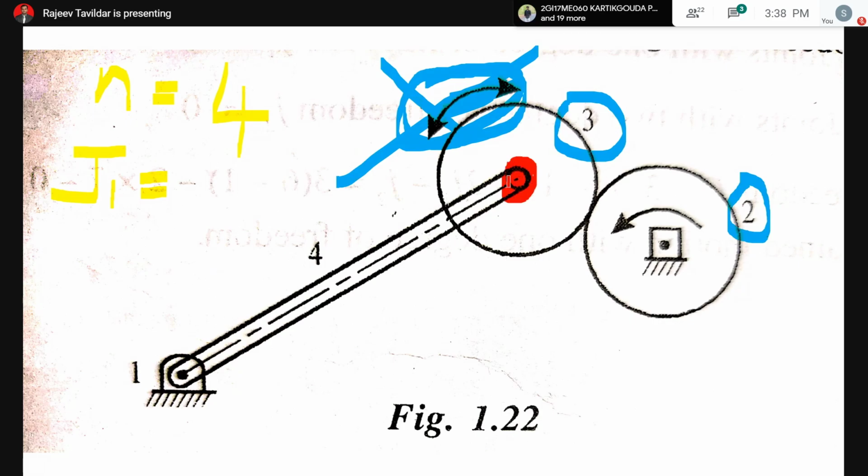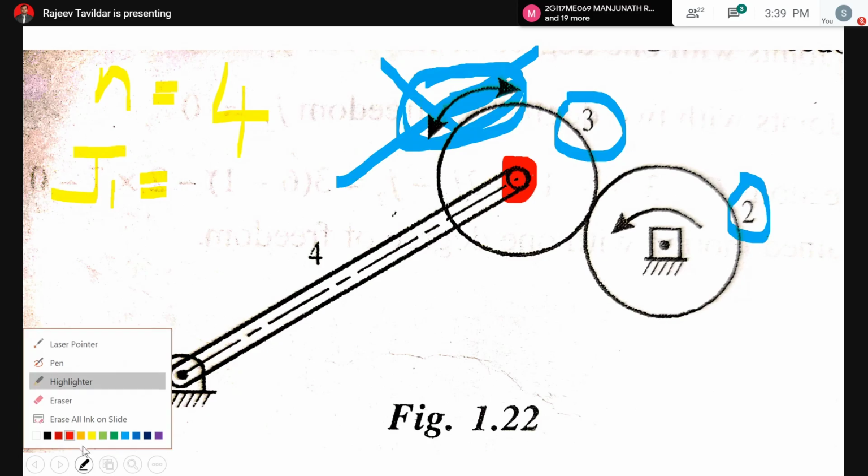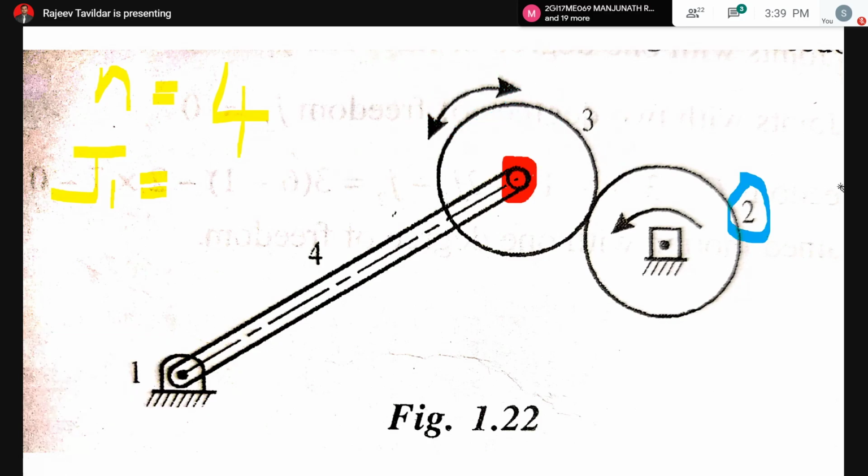In case it is welded, then obviously between link 3 and link 2 there will be only pure slipping taking place.